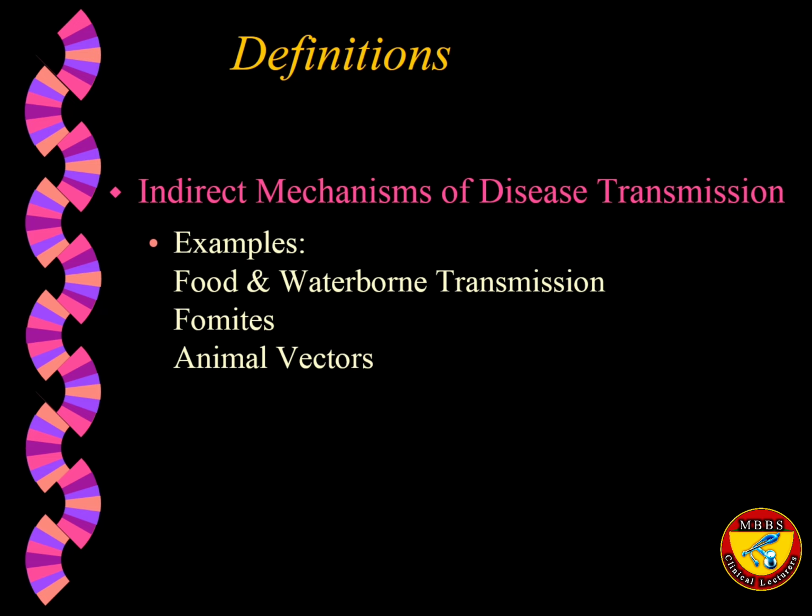If certain things are transmitted by fomites, like inanimate things, by bedding or by contaminated, soiled surroundings, these are indirect mechanisms of disease transmission. And if certain diseases are transmitted by animal vectors like mosquitoes or ticks or any parasite, then they are also indirect mechanisms of disease transmission because they are not directly transmitted by aerosol. They need an animal vector for their transmission.